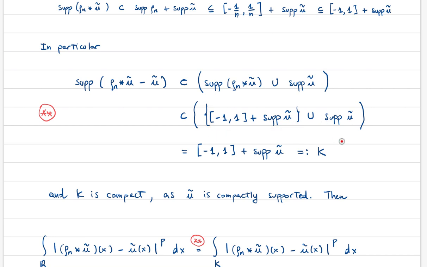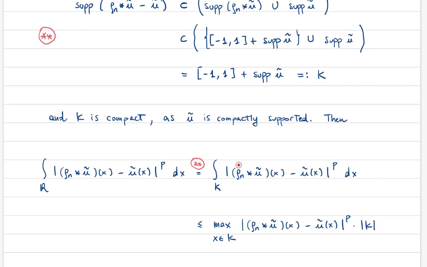So if I do the union with the support of u tilde, I'm not doing anything. And I end up with the same set, which we define to be K. And notice that K is compact because u tilde was compactly supported, and the sum between two compact sets is compact.